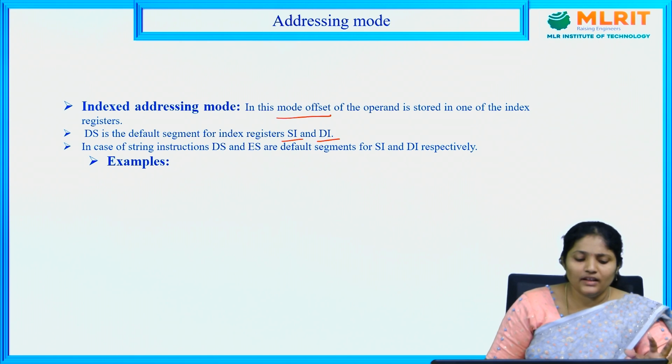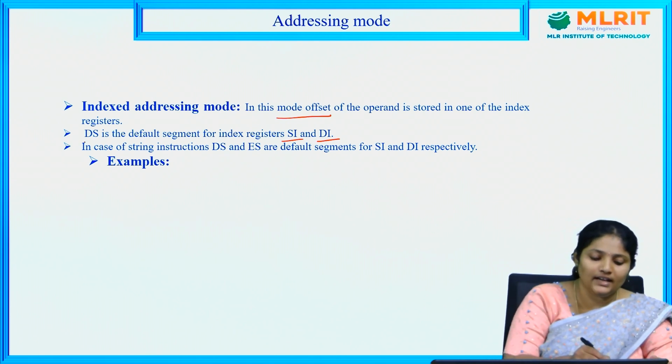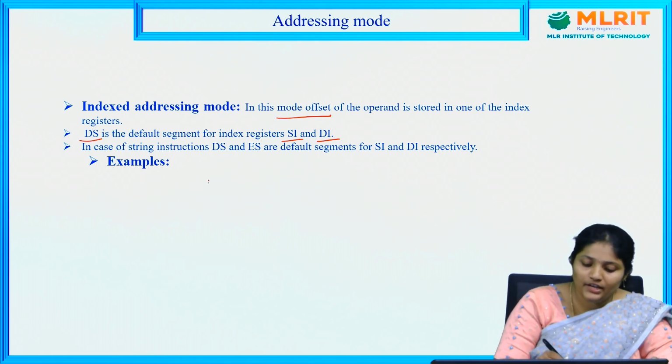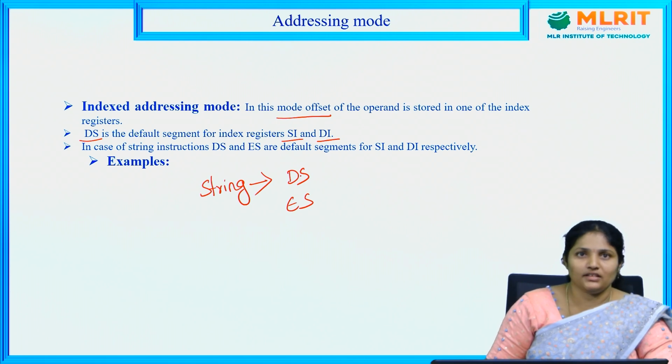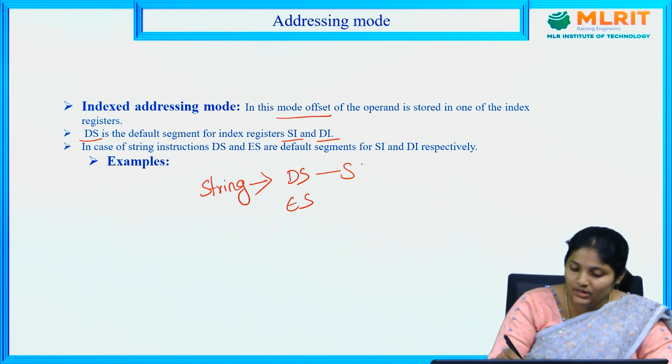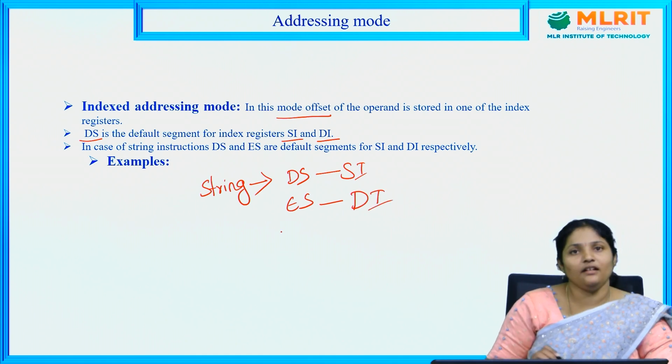In most cases in this addressing mode, the segment will always be the data segment. If we are using string instructions, we can take it as DS and ES, data segment or extra segment. So for SI it will be the data segment, and for DI it will be the extra segment.